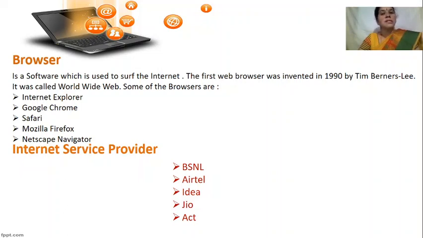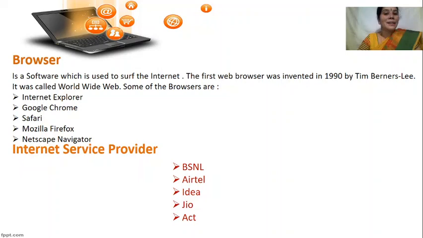So how does this work? For example, a paint application is used to draw an image, and PowerPoint mainly works to do presentations, correct? Similarly, we need a browser to interact between the user and the system.